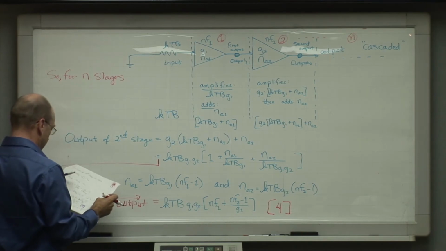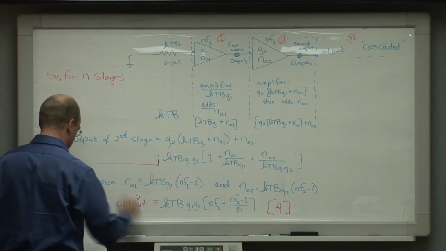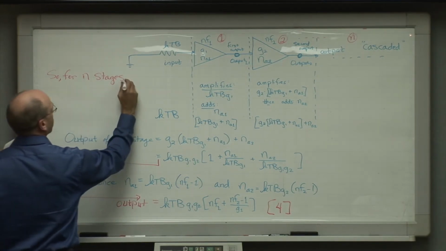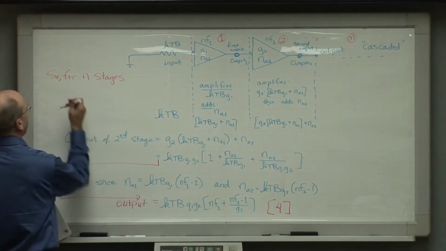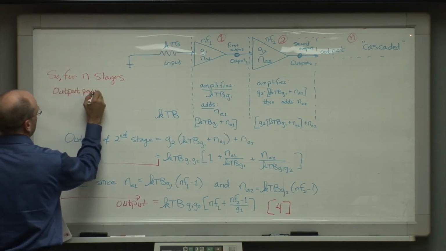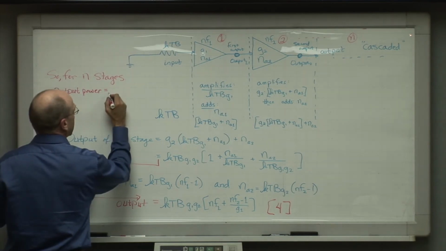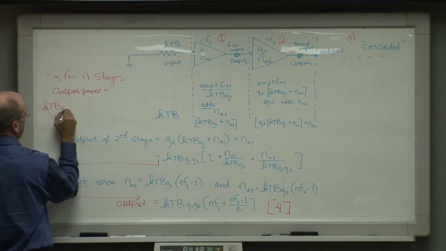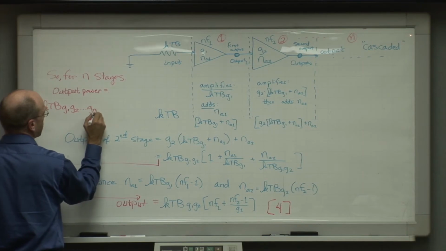So for n stages, the output power, I don't like this pen, I'm going to use a different one. Try this one. Output power is going to be equal to KTB, I'm going to write it down here actually, give myself room, KTB times G1 times G2, etc., all the way out to G sub n.